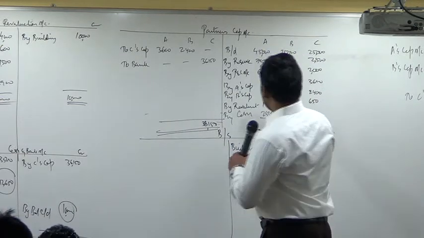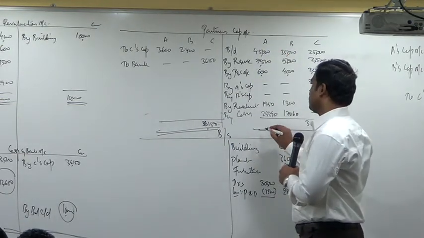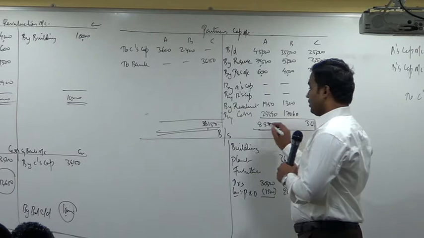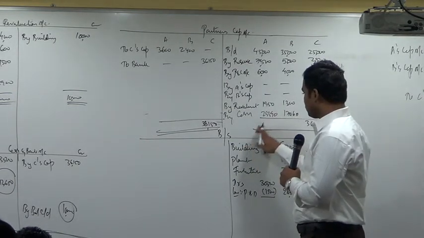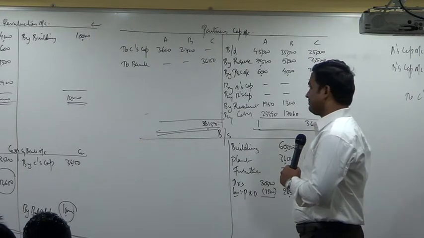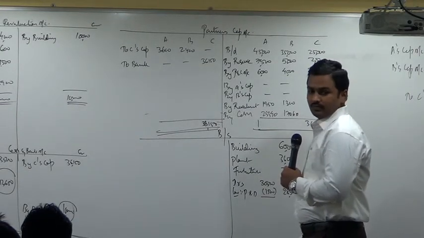Tell me what is the balance left? A's capital account, closing balance. Total of the credit side 86,040.